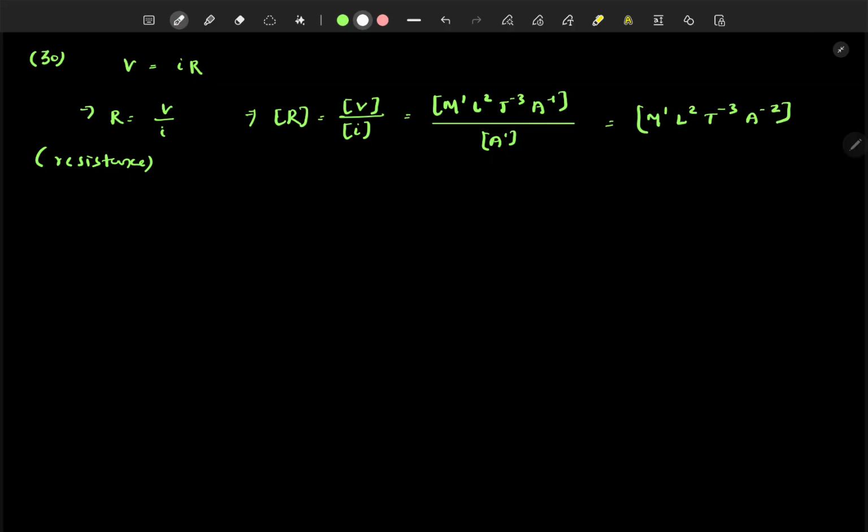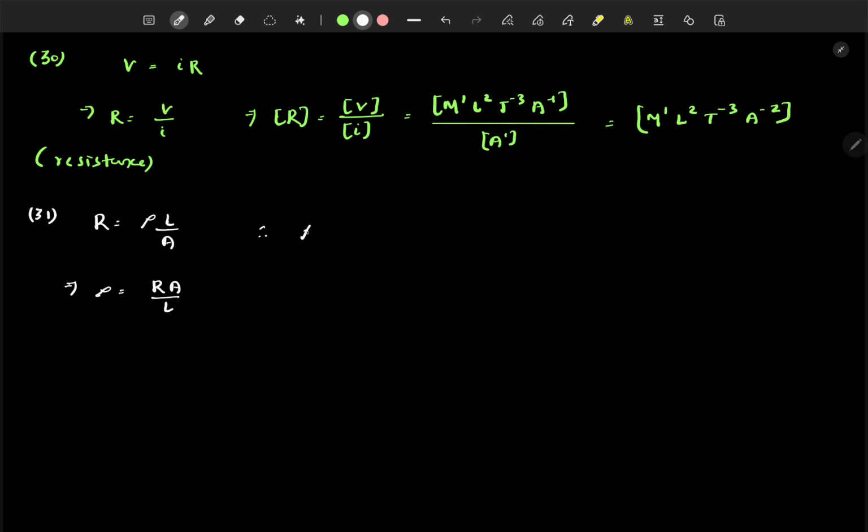Okay, next come to quantity 31, resistivity. The related formula is R is equal to rho L by A. In class 10 we have discussed this. So from this, rho is equal to RA divided by L. R is the resistance of the conductor, A is the area of cross section of the conductor, L is the length of the conductor.